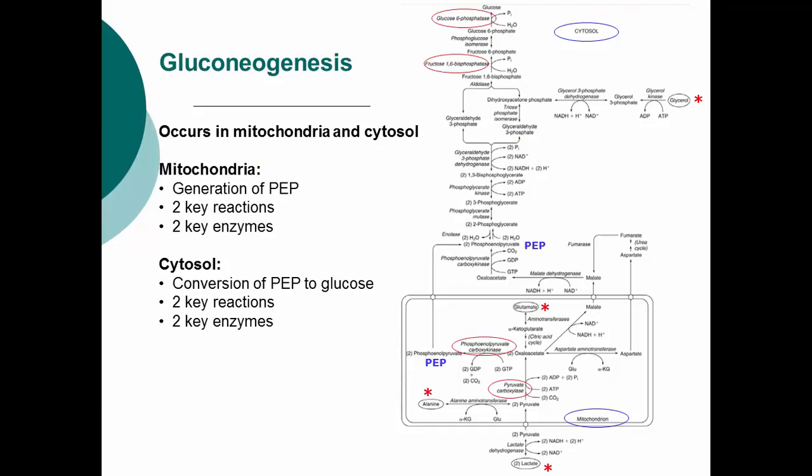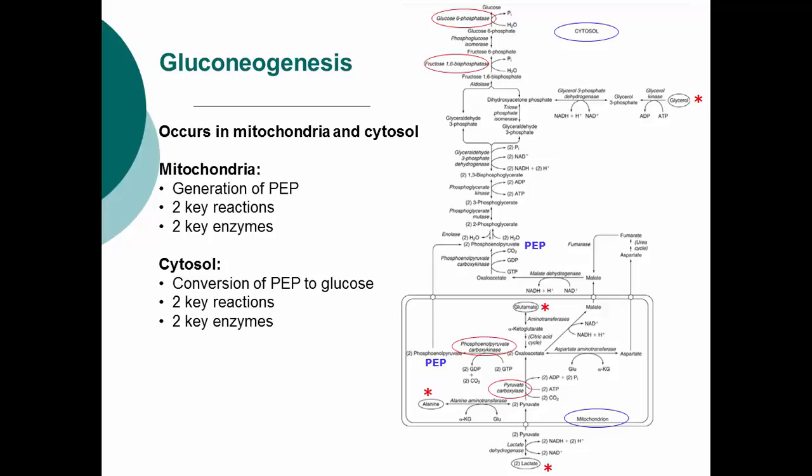Again, this is the overall picture. In gluconeogenesis, some of the reactions occur in the mitochondria and the other two reactions in the cytosol, and this also depends on the precursors. If the precursors are pyruvate or lactate, then it will go through reactions, right, in the mitochondria and the cytosol. And if the precursor is glutamate, amino acids, you only have one reaction in the mitochondria and two reactions in the cytosol, right?